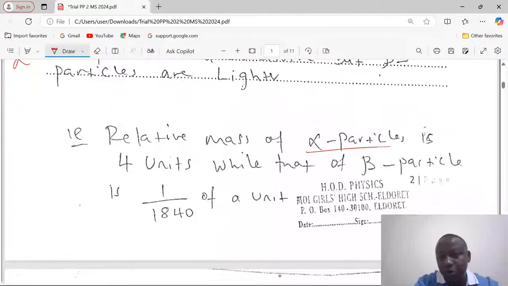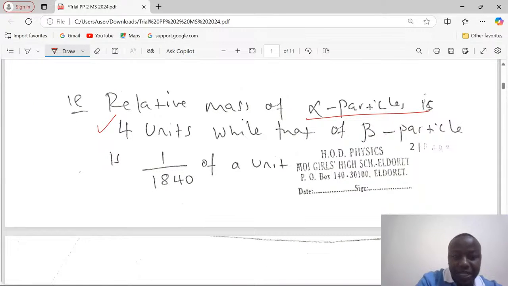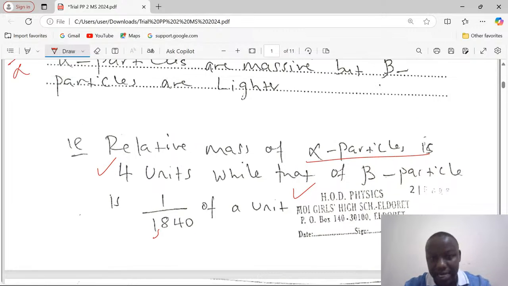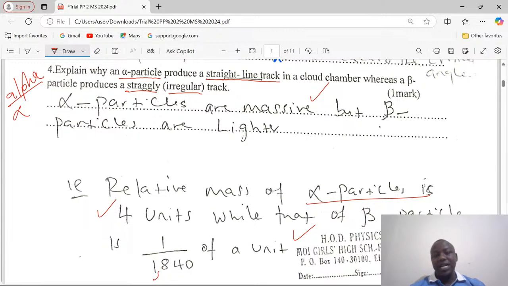Relative mass of an alpha particle is 4 units, while that of a beta particle is 1/1840 of a unit, a very small mass. Now, this is almost an electron, which has a negligible mass. Let me explain this.